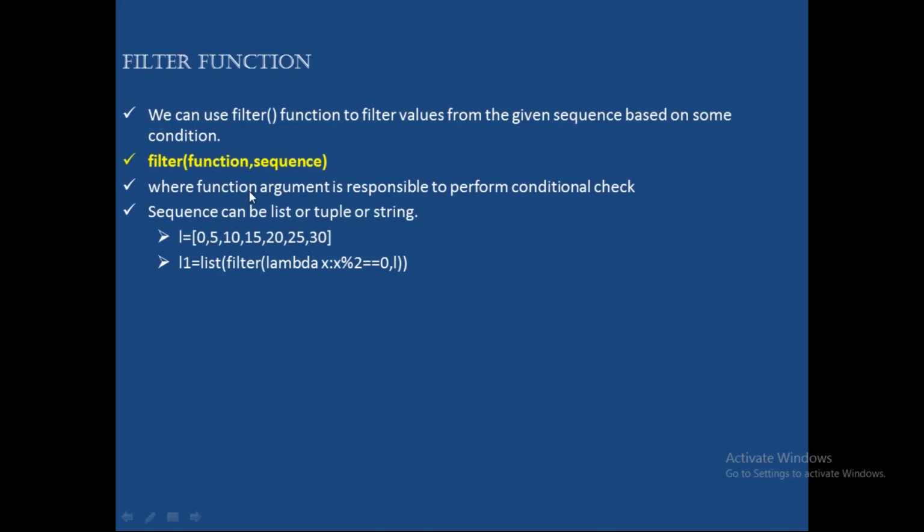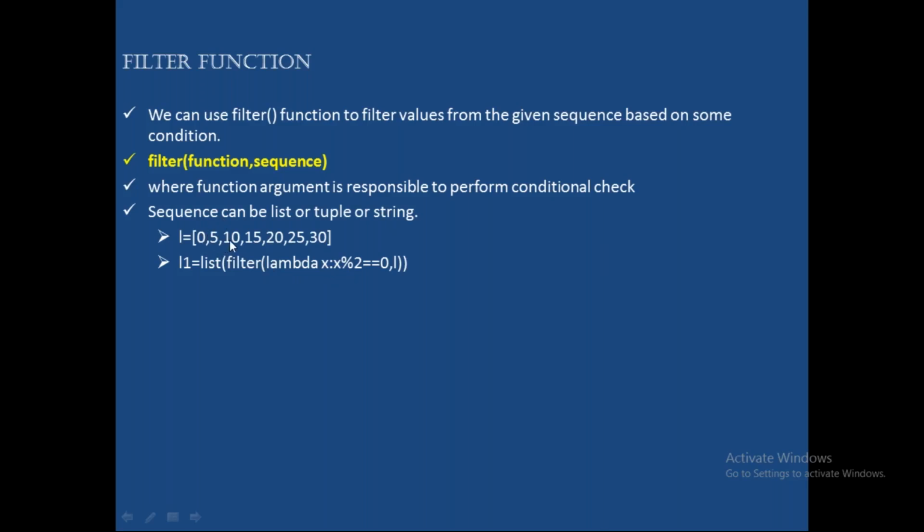First in the sequence is 0, which I send to the lambda. 0 % 2 equal to 0? Yes, it returns true. True means this 0 will be returned to the output. Next, the sequence value 5 is assigned to the lambda, x = 5. 5 % 2 equal to 0? No, the remainder is 1, so it returns false, and 5 will not be returned to the output.